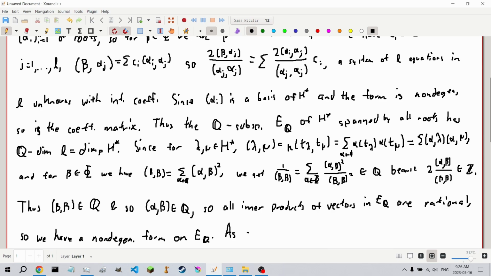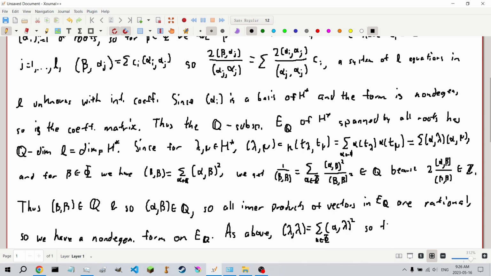As above, the form of a lambda with itself is the sum of the parentheses of an alpha with lambda, squared, over alpha in roots. I should call it parentheses, not a bracket.